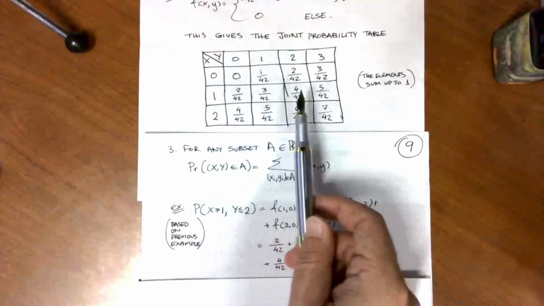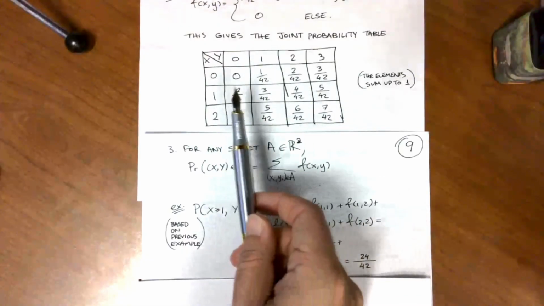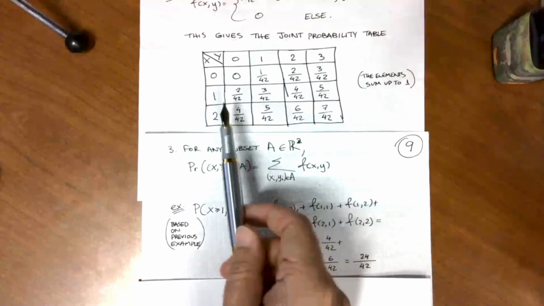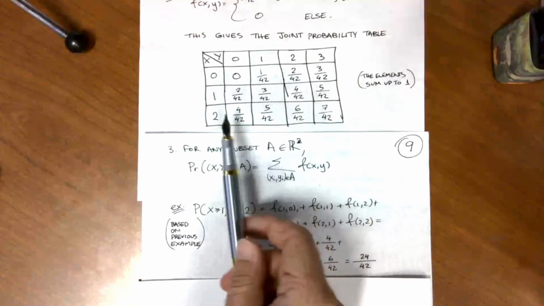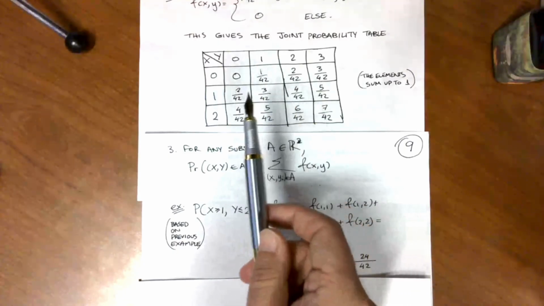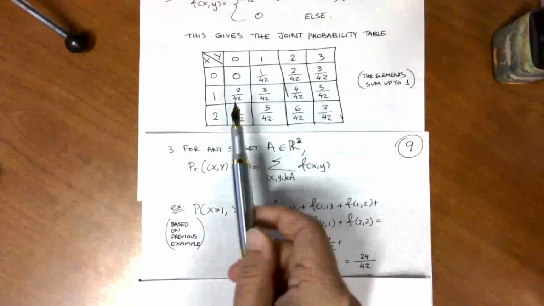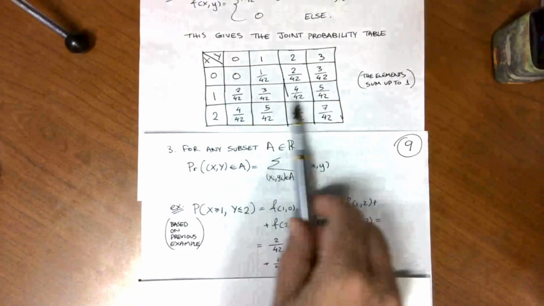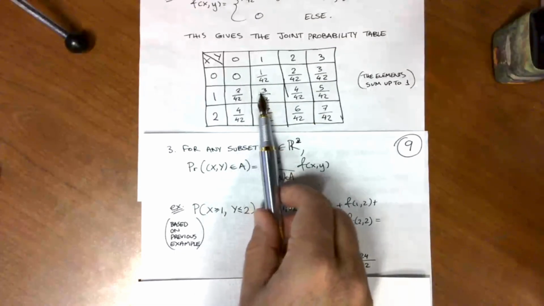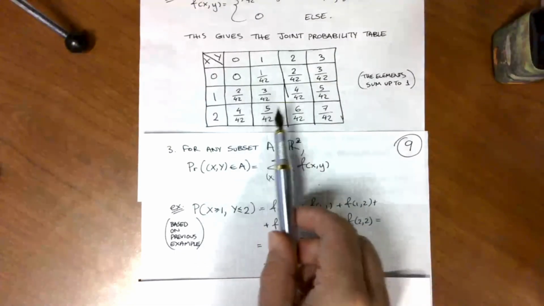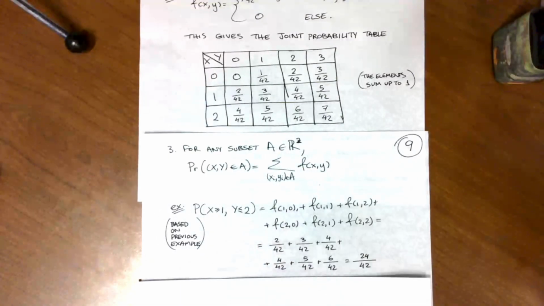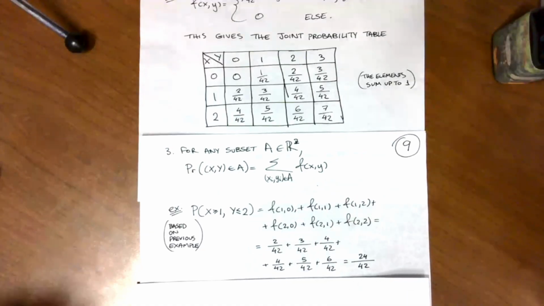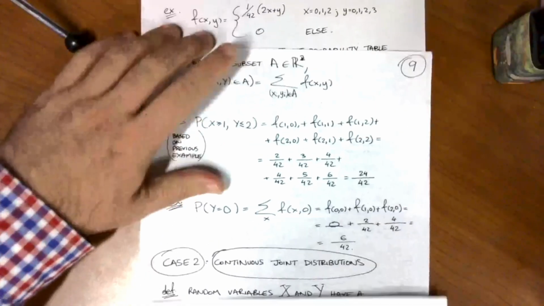So we're talking about these set of 6 cells that contain all of the information about the probability of having a pair of x comma y fall in that space. So if you do this calculation, this is simply a summation: 2 plus 3 plus 4 plus 4 plus 5 plus 6 divided by 42. That gives you the answer of 24 over 42.